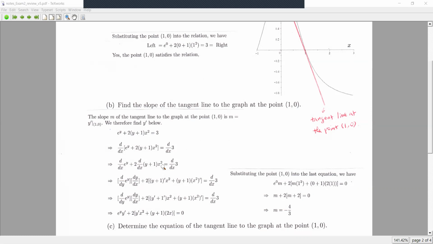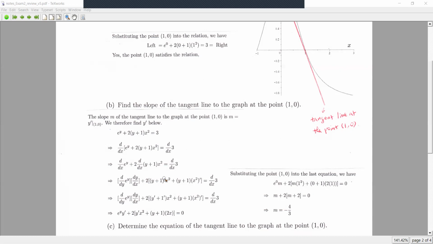By the product rule, this derivative is equal to derivative of the first function, y plus 1 derivative, times the second function, x squared, plus the first function times derivative of the second function.